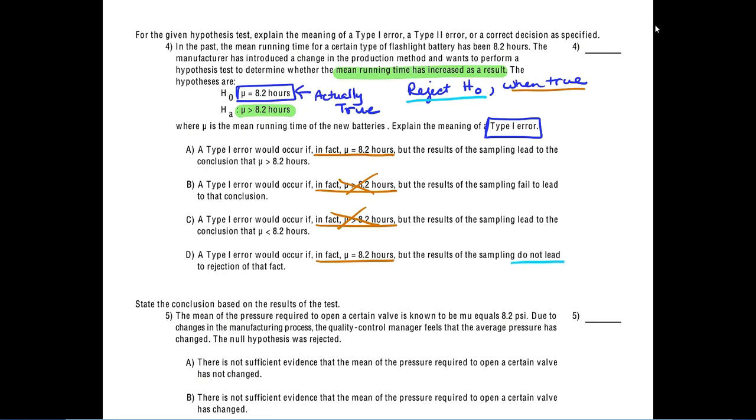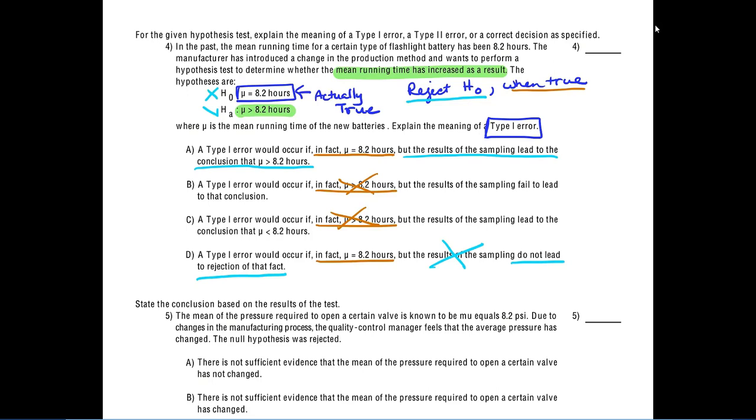This says do not lead to the rejection of that fact, so that cannot be true. The other says the results of the sampling led us to the conclusion that mu is greater than. So what did we do? We looked at our alternative, which is what our sampling led us to believe, which means we rejected the null hypothesis.